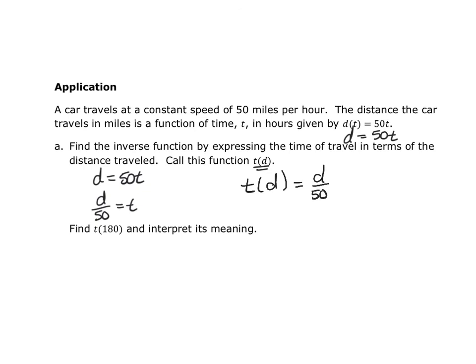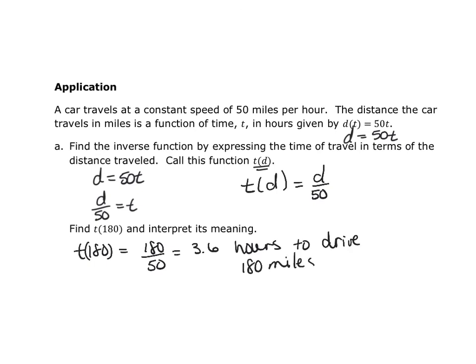And so if I'm asked to find t of 180, that means I'm asked to do 180 divided by 50, which is 3.6. And so what the 3.6 represents is the hours it's going to take to drive the 180 miles when we're driving at 50 miles per hour.